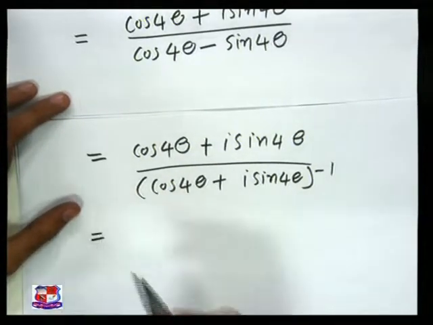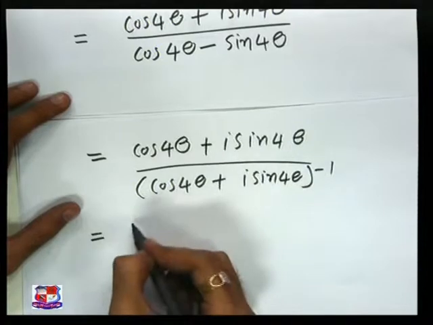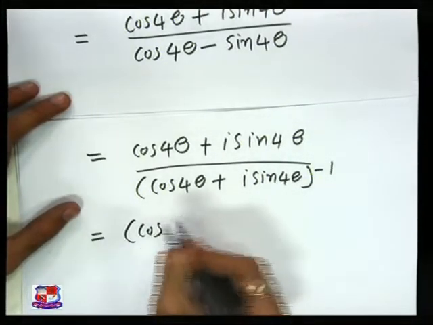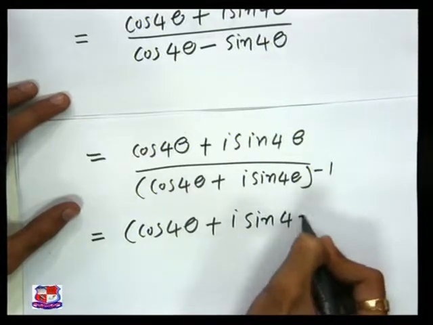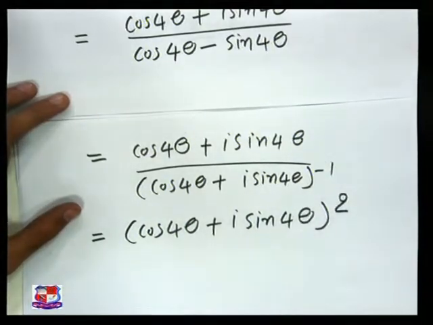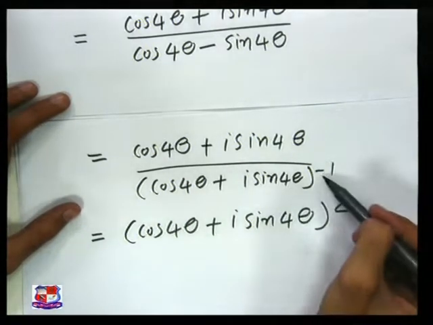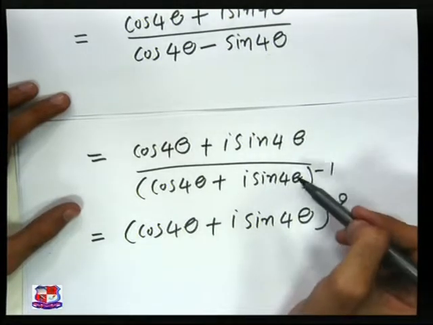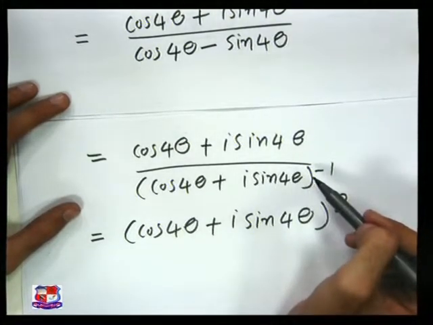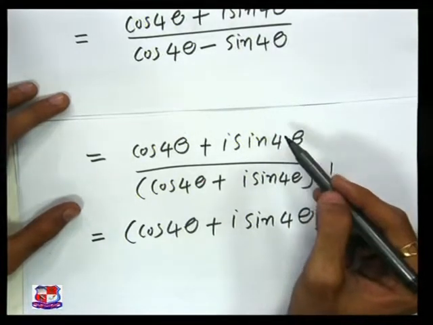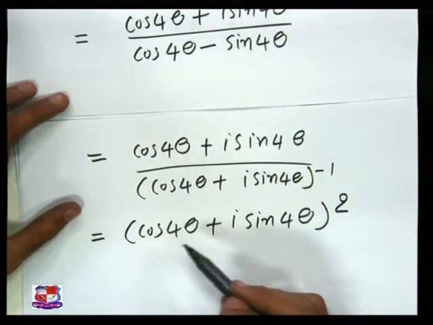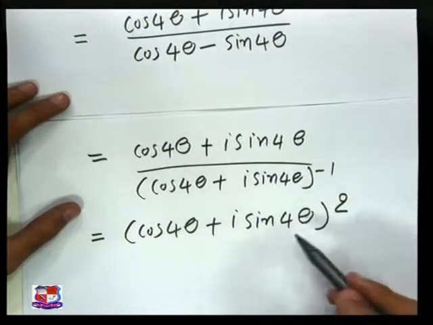So I can write here cos 4 theta plus I sin 4 theta raised to the square, because if this goes in the numerator, then this is equal to cos 4 theta plus I sin 4 theta. We already have cos 4 theta plus I sin 4 theta in the numerator, so I will get cos 4 theta plus I sin 4 theta squared.